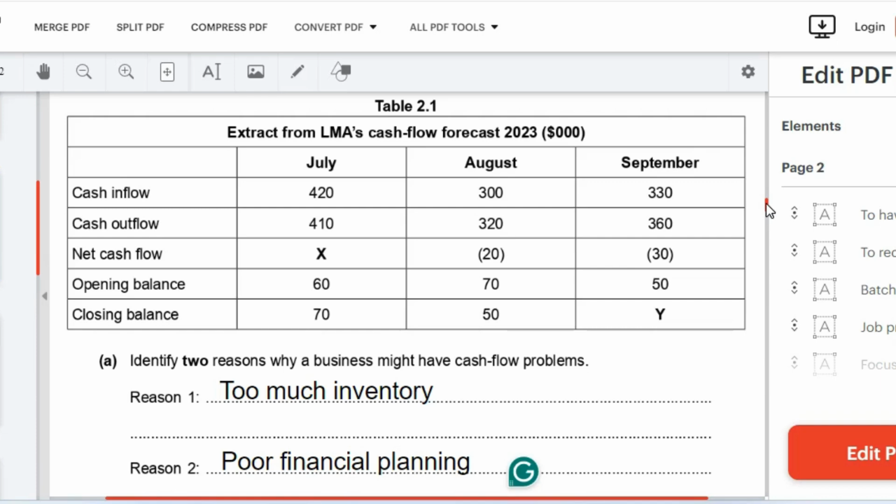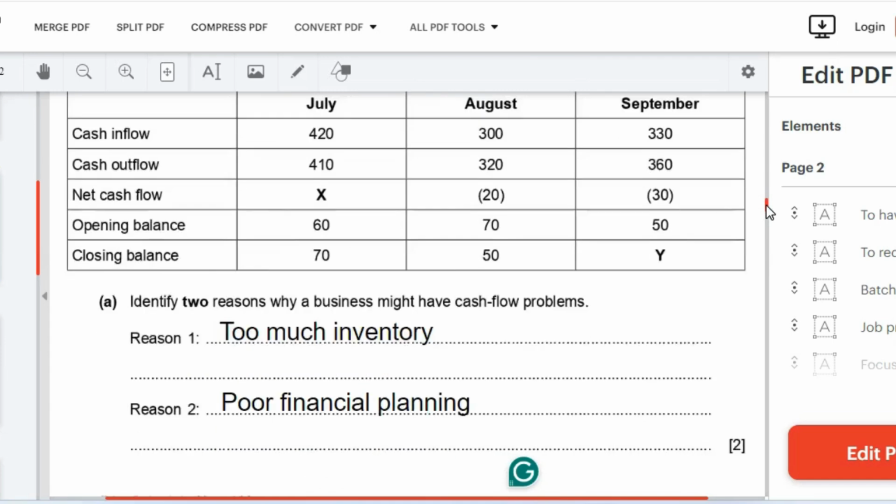Now let us solve for x. We have 420 as our cash inflow and the cash outflow as 410. Though we're not told to show our workings here, we just have to subtract, and 420 minus 410 will give us 10 as our net cash flow.